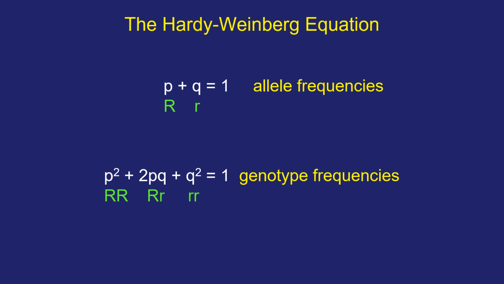It's just P multiplied by itself. The genotypic frequency for homozygous recessive is Q squared. It's just Q multiplied by itself. And for the heterozygous individuals, again on the Punnett square, we had 2 ways of arriving at a heterozygous individual. So it's 2 times PQ. So again, don't get too concerned about the math here. It is actually a really, really simple equation.